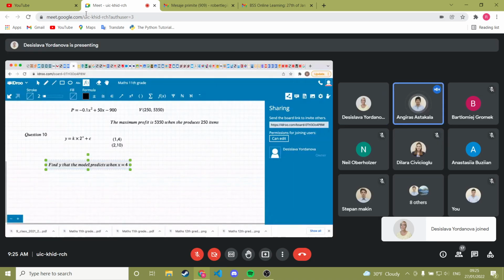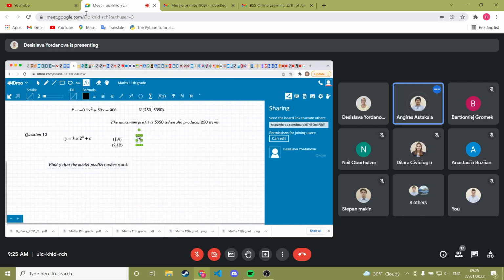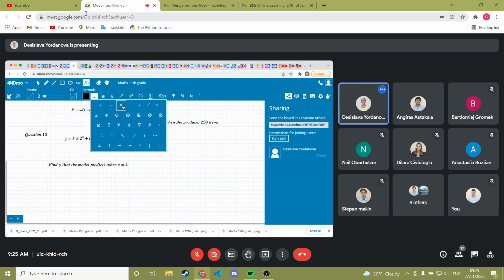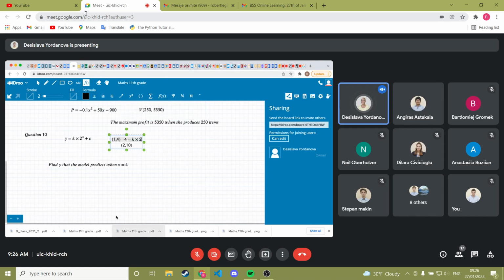We make simultaneous equations. How? We substitute the value of x and y. So for 1 and 4, what do you get? You get 4 is equal to k times 2 to the power of 1 plus c.